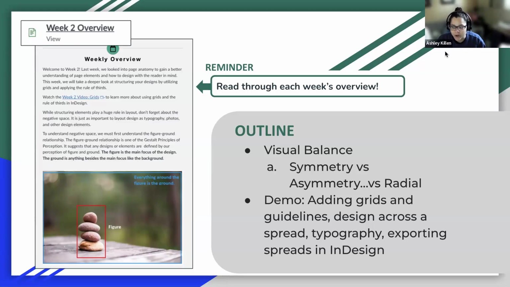I'm going to show you how to design across a spread, because that is what you're going to need to do this week. We'll talk a little bit about typography, different things that you should be focusing on. And then I'll also show you how to export spreads in InDesign so that you can export them correctly. So let's get into it.